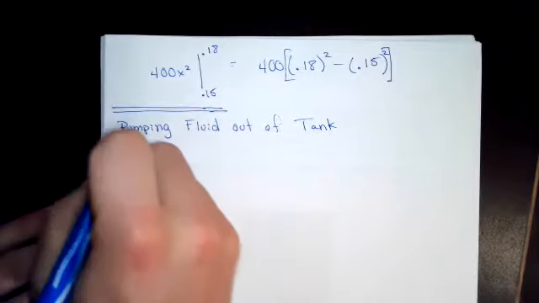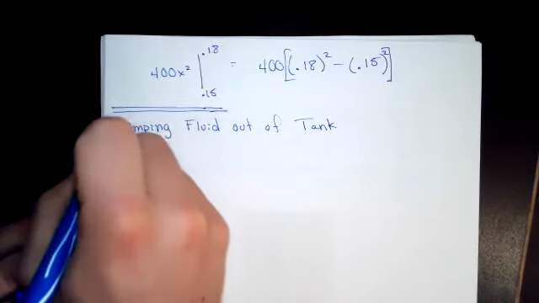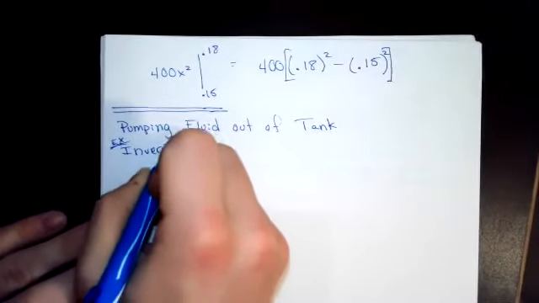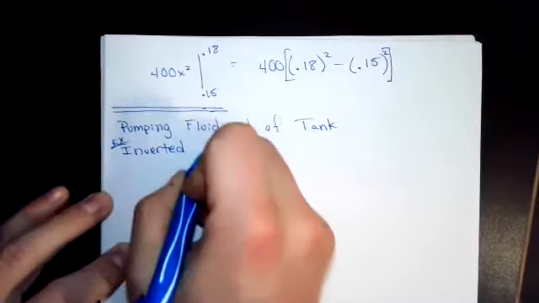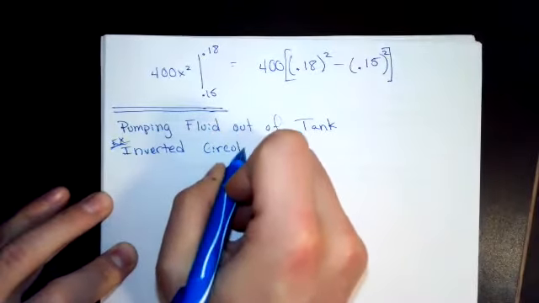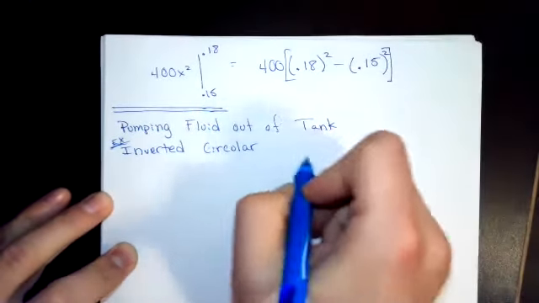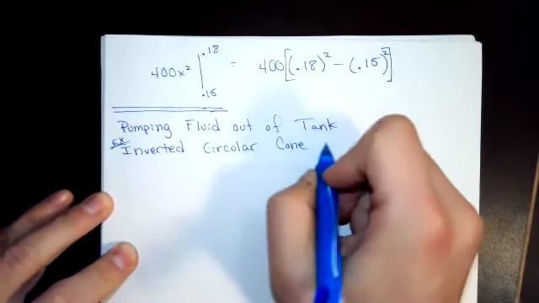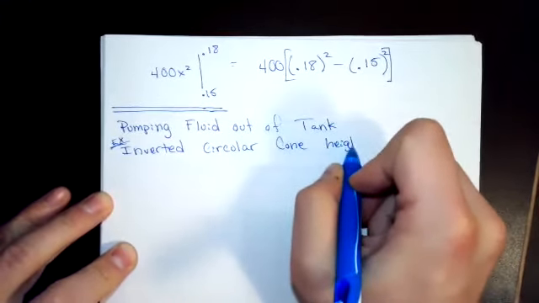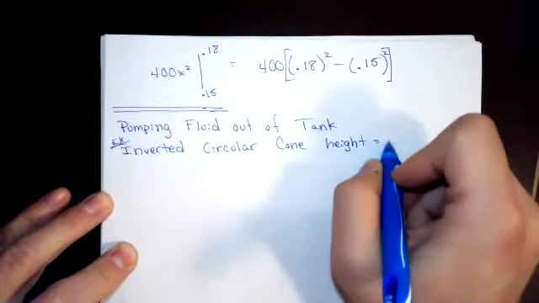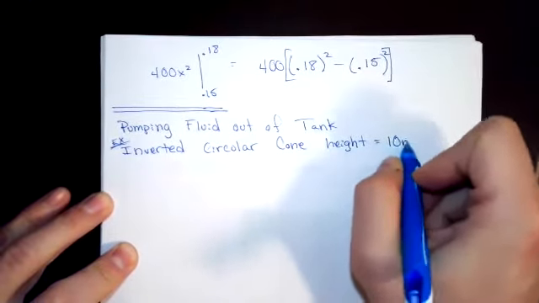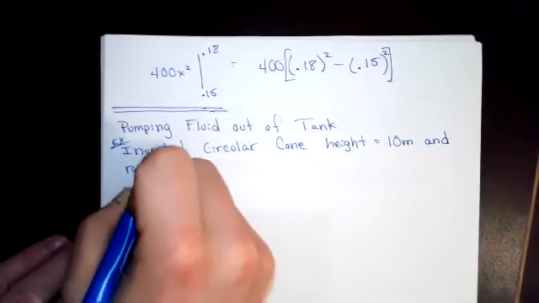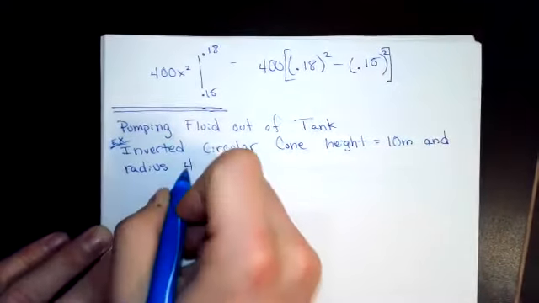And so what we have is an inverted circular cone of height 10 meters and radius 4 meters.